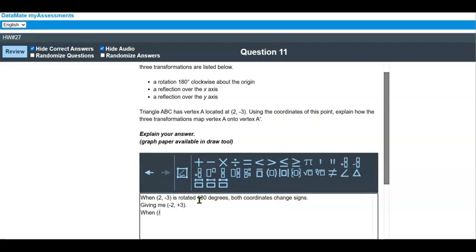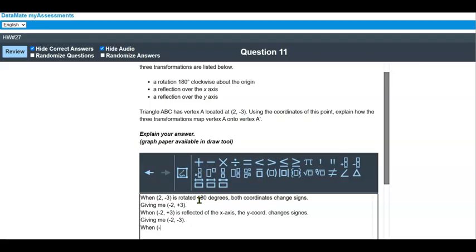When negative 2, positive 3 is reflected over the x-axis, the y-coordinate, and I can abbreviate it here, changes signs, giving me negative 2, negative 3.